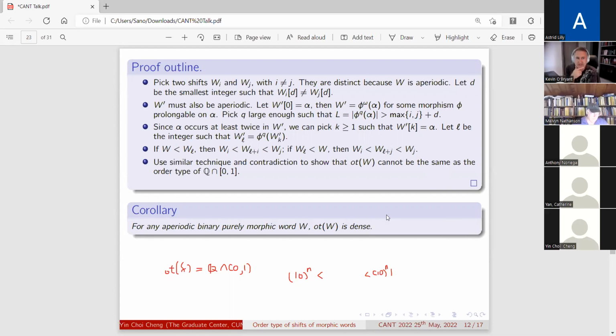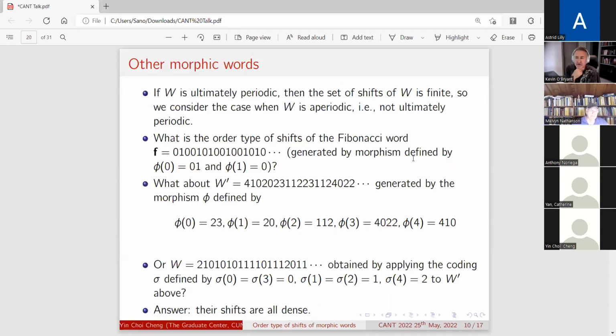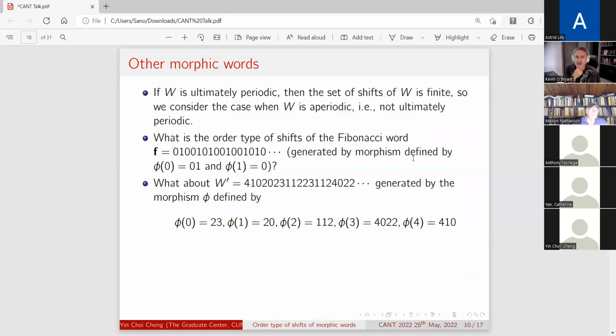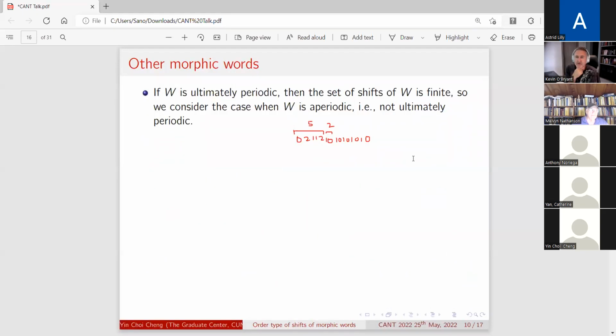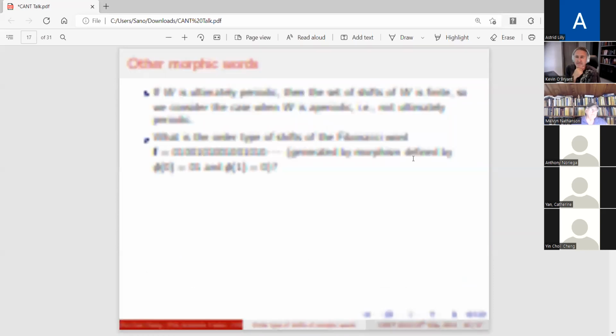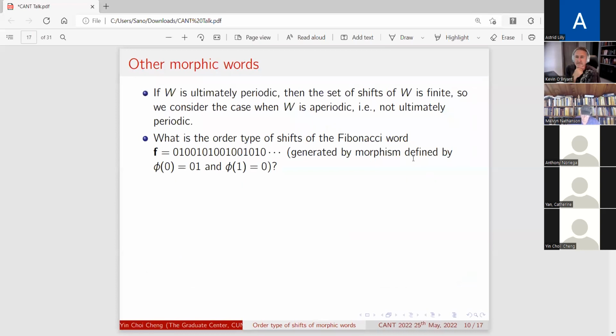Can you move it to slide 4 or 5 so we can see which? Which slide are you referring to? Any of the Fibonacci examples, the binary sequence. Is that the binary representation for a decimal Fibonacci number, like 1, 2, 3, 5, and so on?